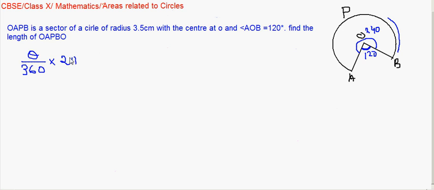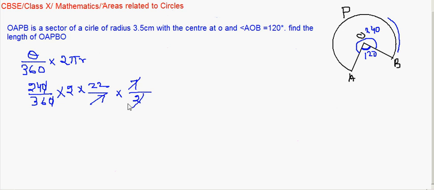That part we need is only 240 by 360. I'm only finding out the curved part of the circle. It is 2 into 22 by 7. 3.5 can be written as 7 by 2. Why I did this is, then 7 would get cancelled, 2 would get cancelled. That makes the calculation easier. So that's making it 44 upon 3.